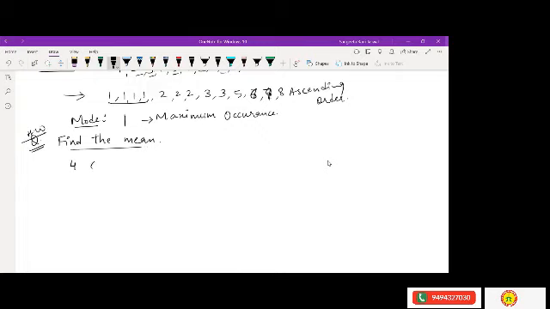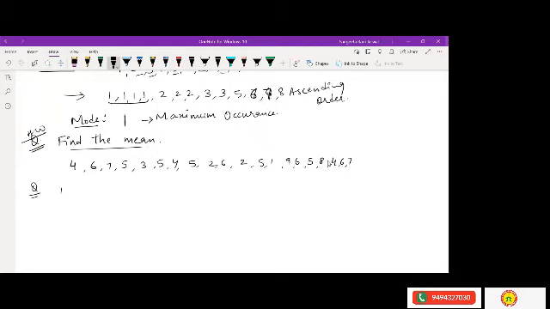Please note down carefully. 4, 6, 7, 5, 3, 5, 4, 5, 2, 6, 2, 5, 1, 9, 6, 5, 8, 4, 6, 7. Find the mean of this data.